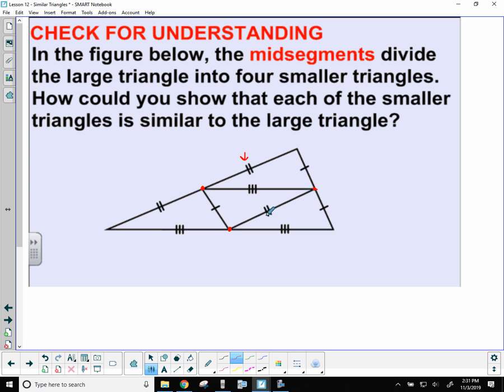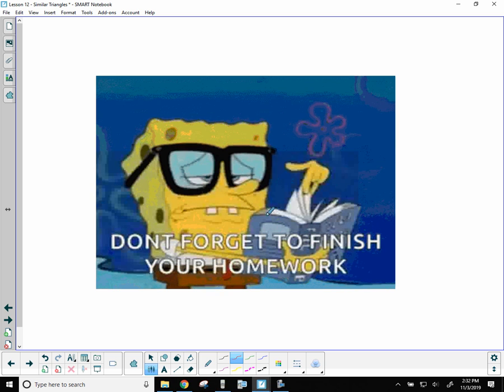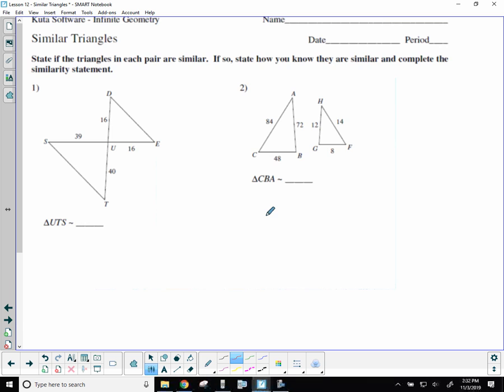Don't forget to finish your homework. So if you pull this sheet out, I'll go over just maybe one or two, but the answer key is online in Google Classroom. Right off the bat, we can see we've got 16 over 40 compared to 16 over 39. That's our problem.